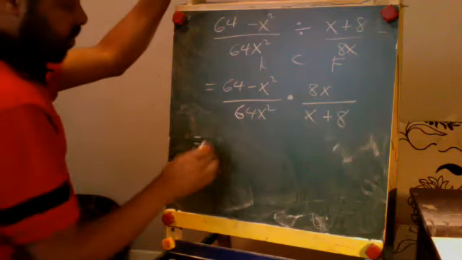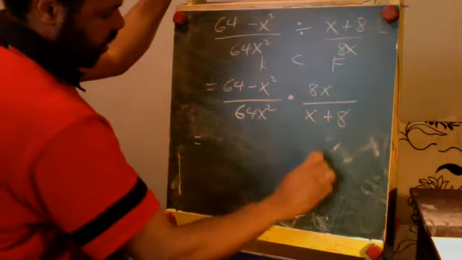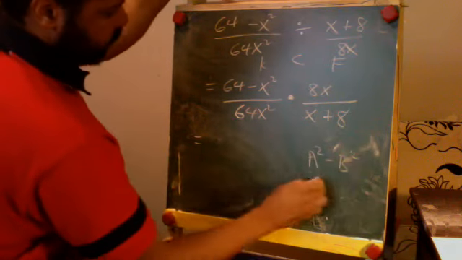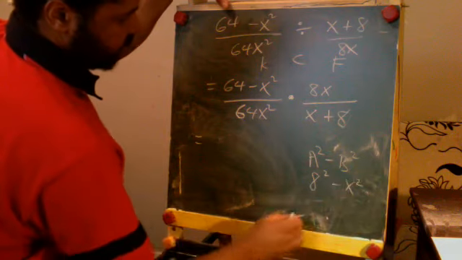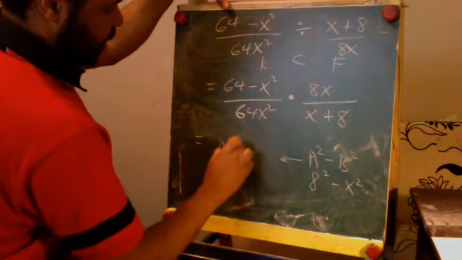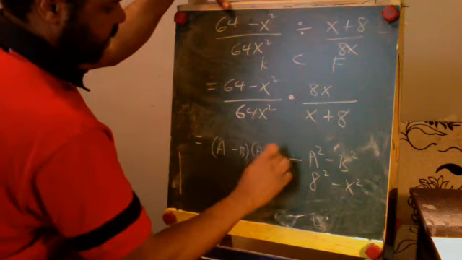You got to factor. So again, this is a difference of squares. What you have here is a squared minus b squared, which is equal to, as we know, a minus b times a plus b.